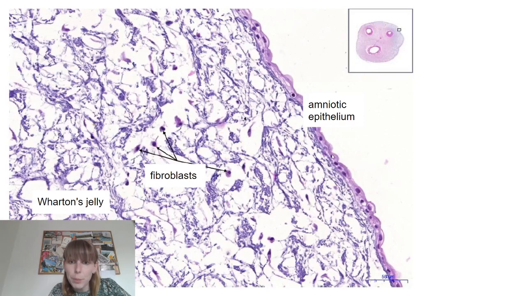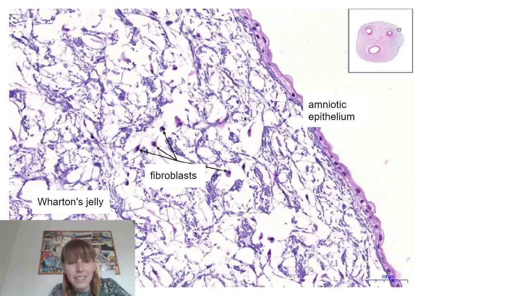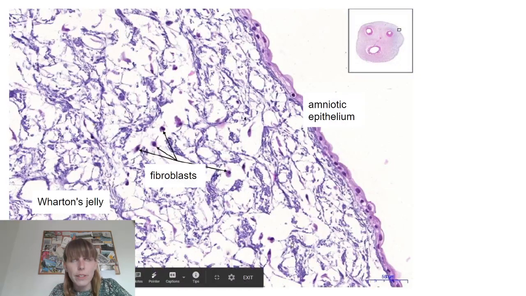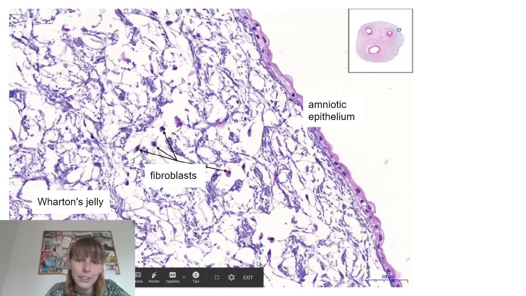So amniotic epithelium and Wharton's jelly everywhere here. This is the Azan stain, which is in the slide box that we have for the practices usually, and so it's kind of purple. But it could be more pink as well, and fibroblasts, so the cells that are forming all of these extracellular matrix of the Wharton's jelly are fibroblasts sitting here.